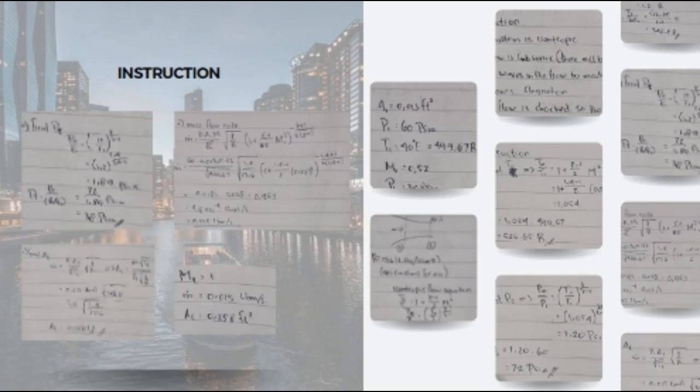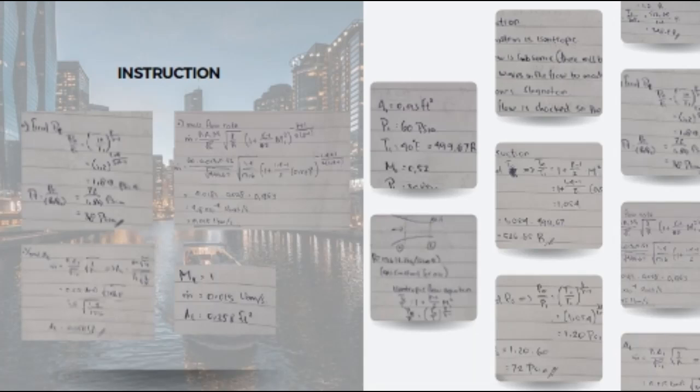So we use the equation m dot equal to P1 times A1 times M1 per root T1 times root lambda per R times open bracket 1 plus lambda minus 1 per 2 times M1 squared close bracket to the power minus lambda plus 1 per 2 open bracket lambda minus 1 close bracket. So I use the scientific calculator, so we get the m dot is 0.050 lbm per s.